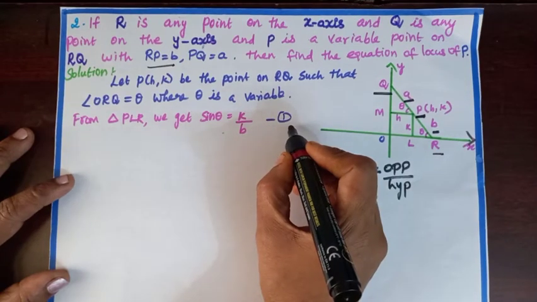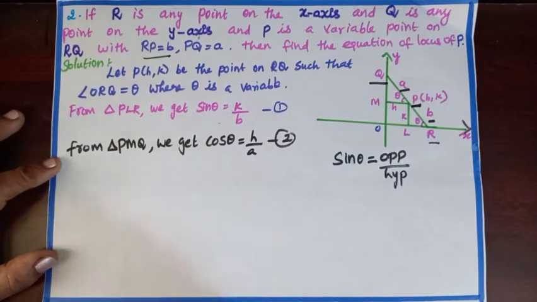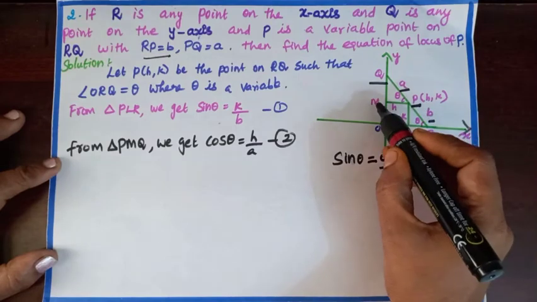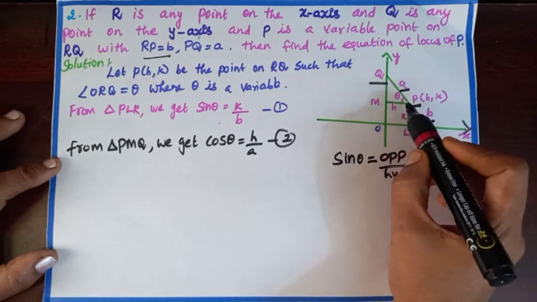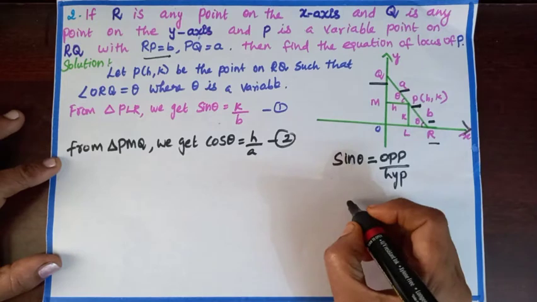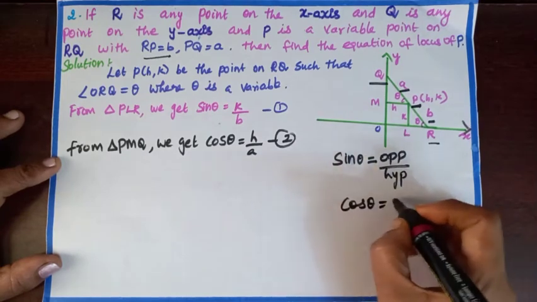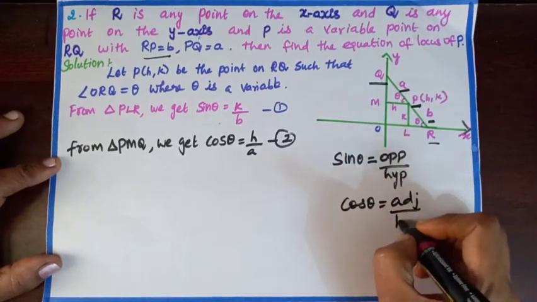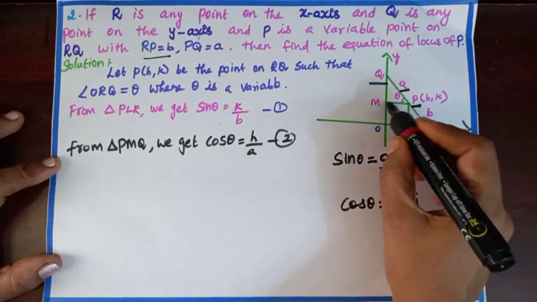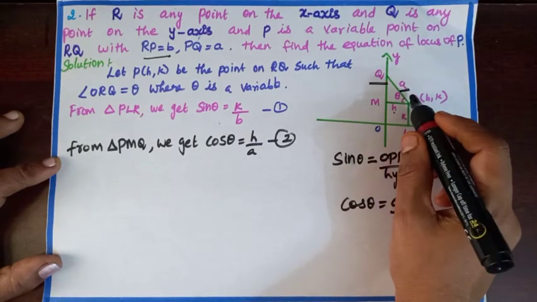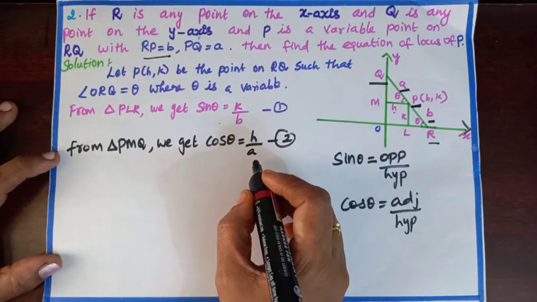Assume this is 1. Now consider the triangle PMQ to find cos theta. Cos theta is equal to adjacent by hypotenuse. Adjacent is h, hypotenuse is a. Consider that as the second equation.